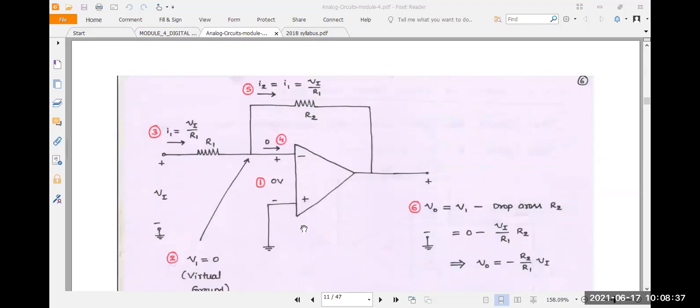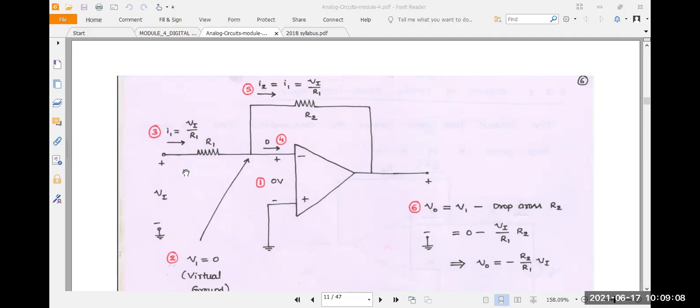Next, take the analysis for the op amp. The current across the R1 resistance, the input resistance, is Vi by R1. After that, the current across the R2 resistance is Vi by R2. They have written R1, so you can take R2 also.